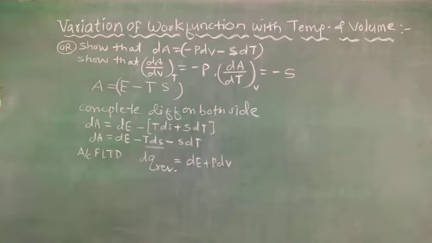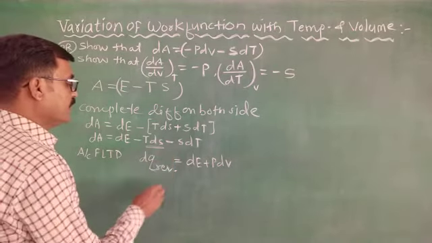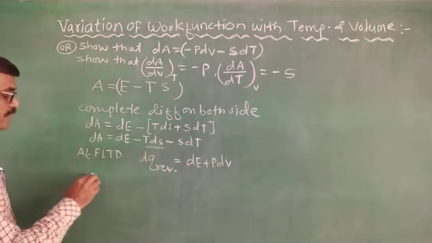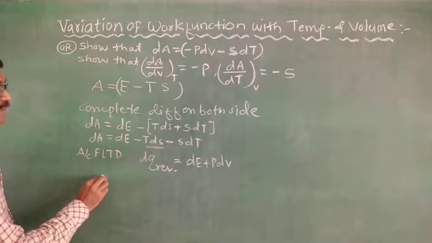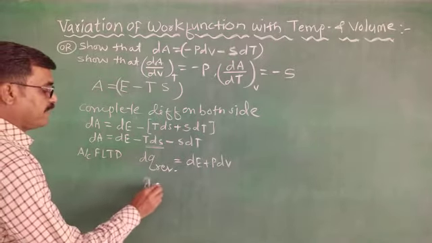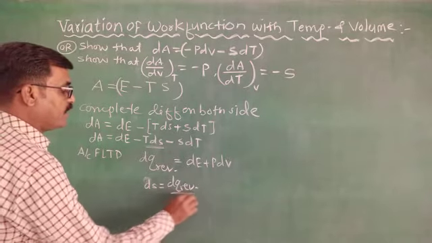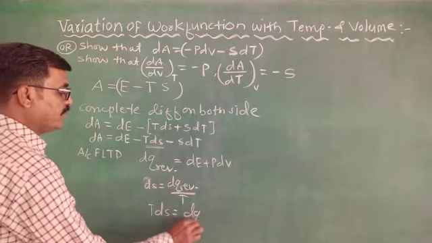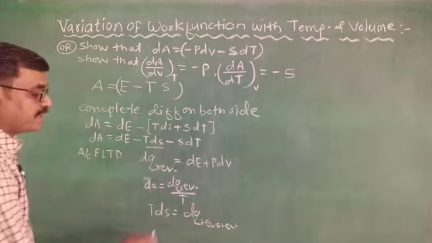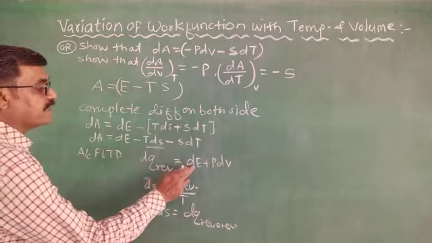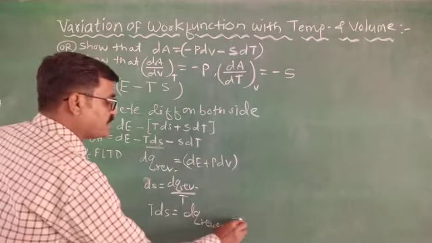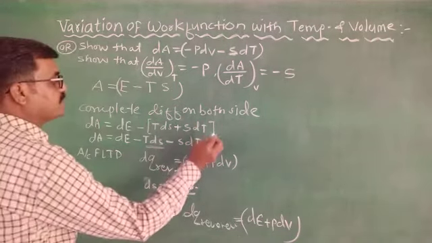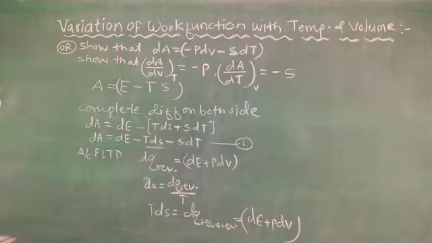And by the definition of entropy, dS is equal to dQ reversible upon T. That's why TdS is equal to dQ reversible, which is dE plus P dV according to the first law. This is equation 1.